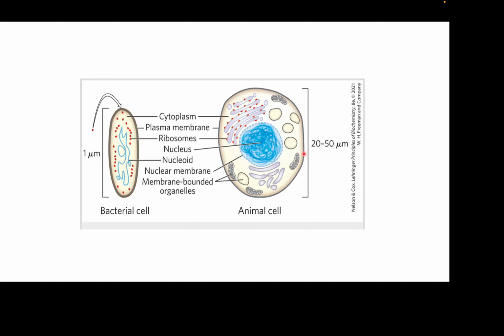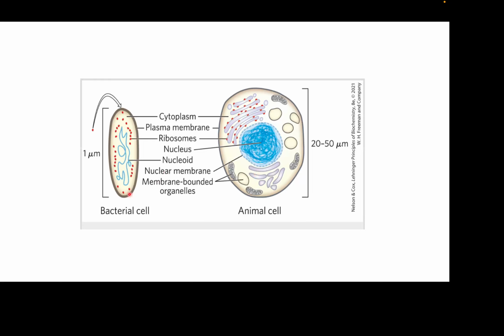If we look at the difference in size of an animal cell and an average bacterial cell, it ranges from 1 micrometer, that is the bacterial cell, very small, and an animal cell which ranges from 20 to 50 micrometers. So they are characteristically different cells. They have different components, yet they both are cells, right?